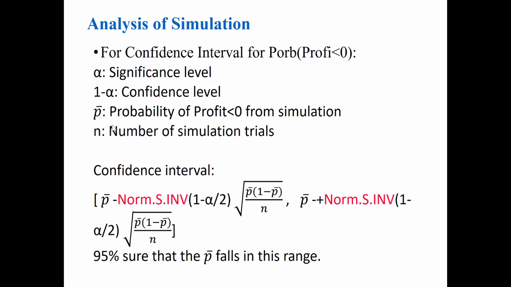Basically this is the value that we got for the number of the trials that are negative divided by the number of all trials. The same way that we had for the mean, we have the normal standard deviation inverse, 1 minus alpha divided by 2. And then the same way we have the standard deviation.